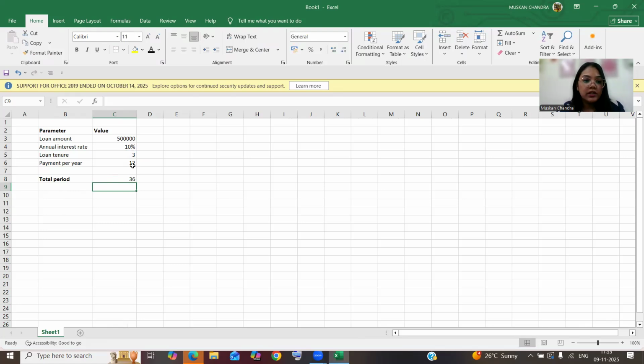So total period will be loan tenure into payment per year.